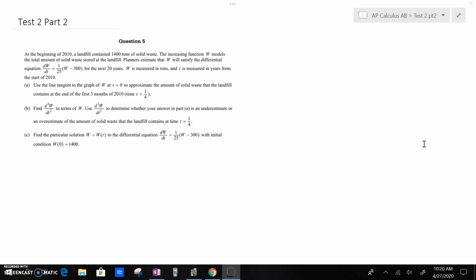So let's see, we've got the first 3 months of 2010, and we're going to use a tangent line approximation. That looks like this. So we've got y minus y1 equals m times x minus x1, and we're looking to draw a tangent line at t equals 0.